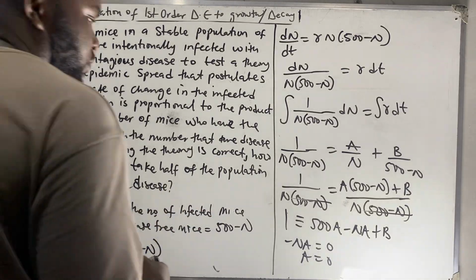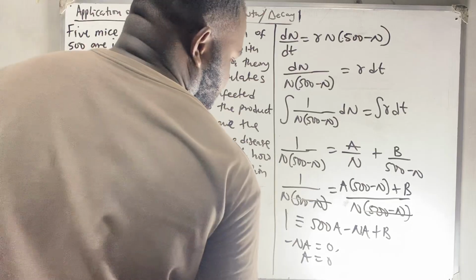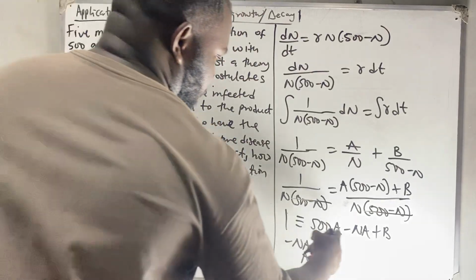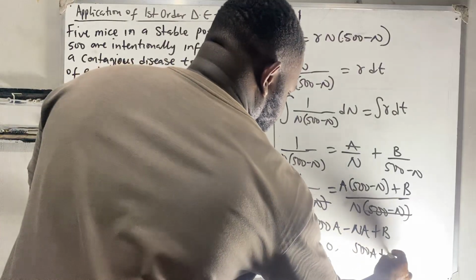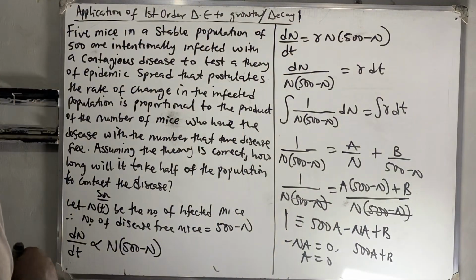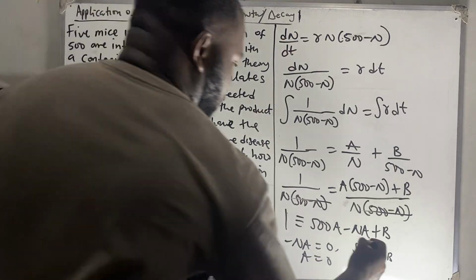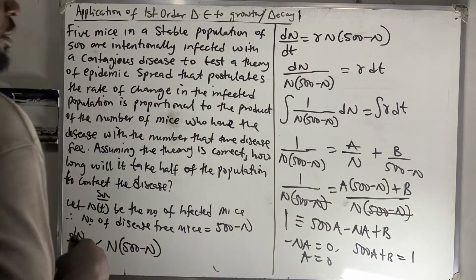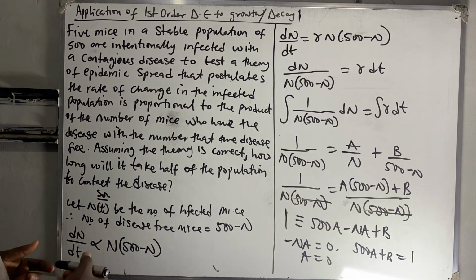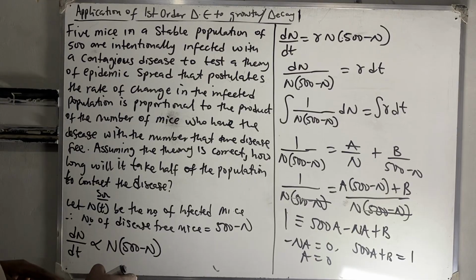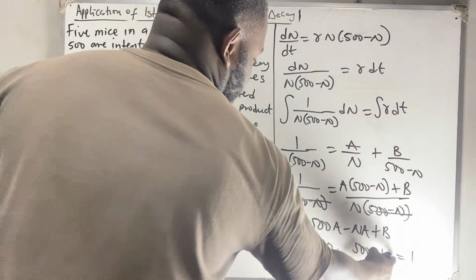If A is equal to 0 here, those that does not have N at all is equal to 500A plus B, which is equal to 1. So if my A is 0, my B is 1.